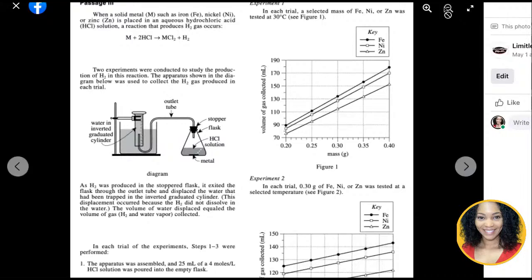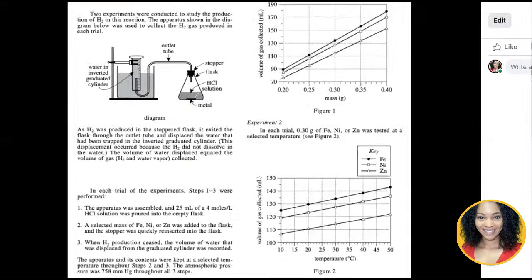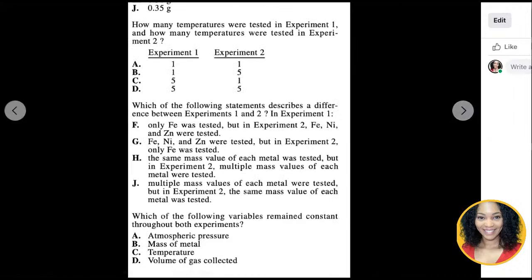Let me just zoom out if I can. Actually, I can't even zoom out. So hopefully you can see that this just had an overwhelming amount of information attached to this set of four questions. So let's look at the questions here.